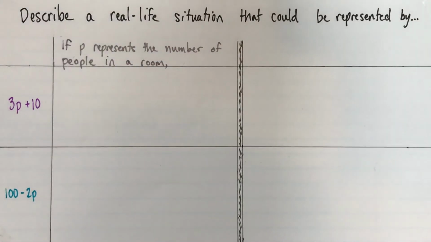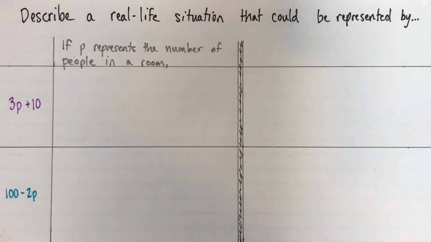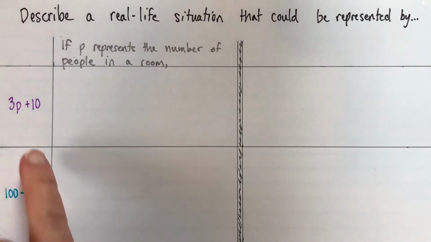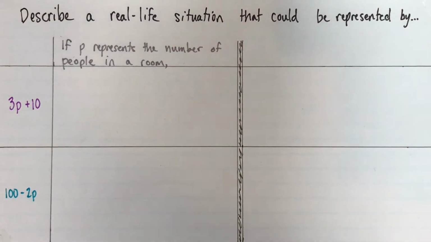You could have the number of people in a basketball team, the number of people in any sort of situation. But I figure a room is pretty vague in a way that could be helpful for me because I have to come up with reasons to do these operations.